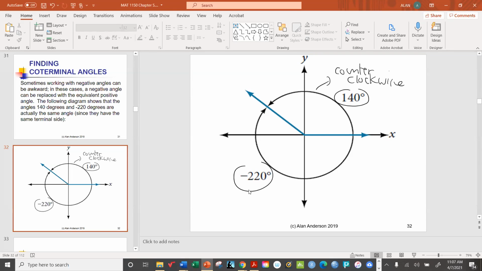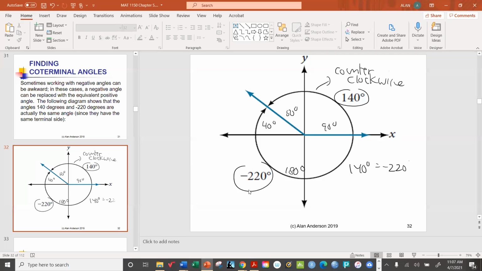So you're going 90 degrees to get through the first quadrant, and then another 50 degrees in this direction, whereas down here, you went through 180 degrees to get into the third quadrant, and then another 40 degrees here. So these mean the same thing.